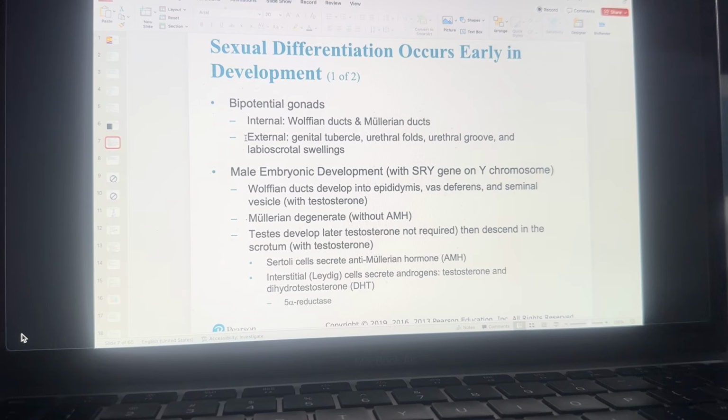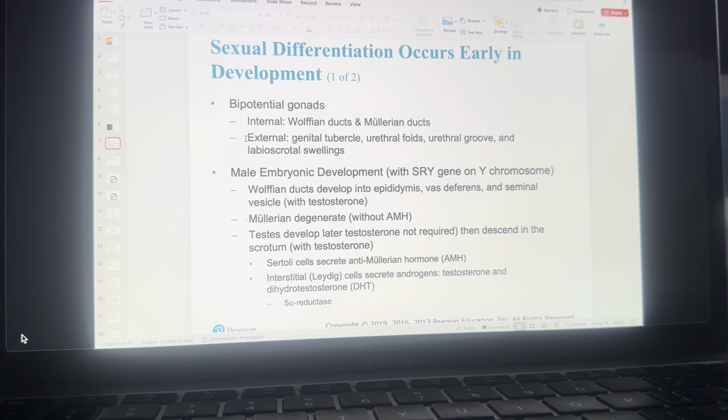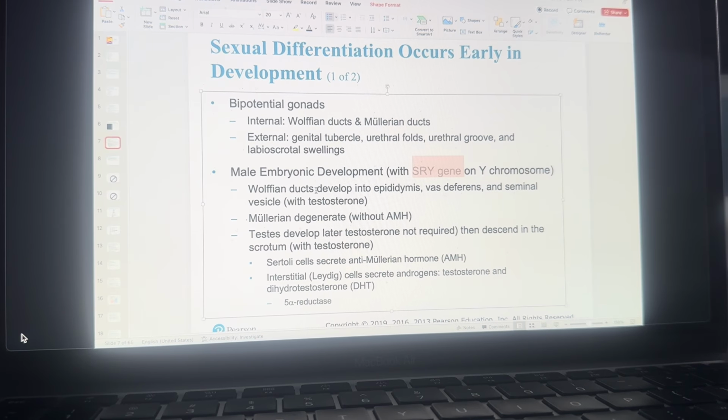So for males, if an embryo is fertilized and it contains the Y chromosome, that chromosome is going to have this gene called the SRY gene. And that SRY gene is going to have the instructions to develop male sex characteristics.